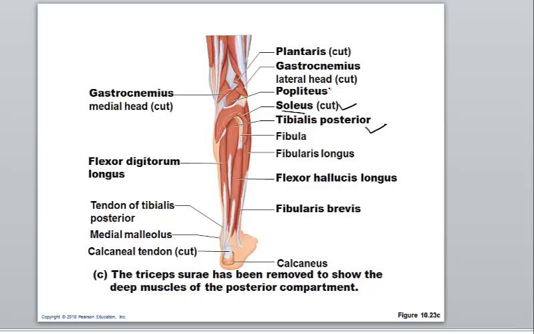We talked about the plantaris already, and here's your popliteus, a tiny muscle found in the popliteal fossa. Popliteus helps the medial rotation of the leg and unlocks the extended knee. That's what it does, and flexion of your knee as well.